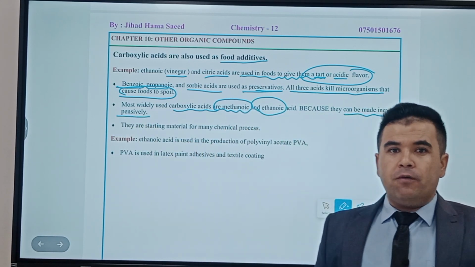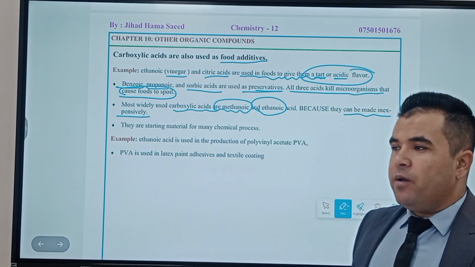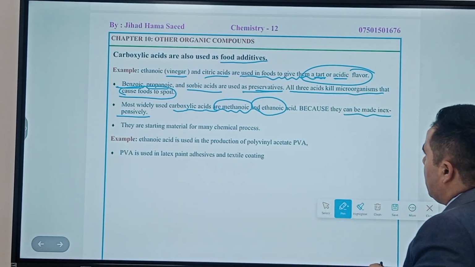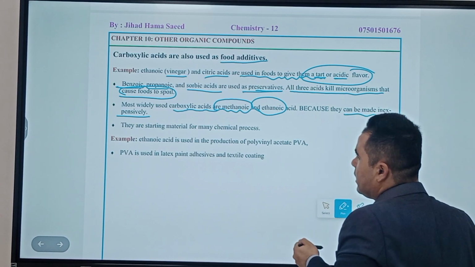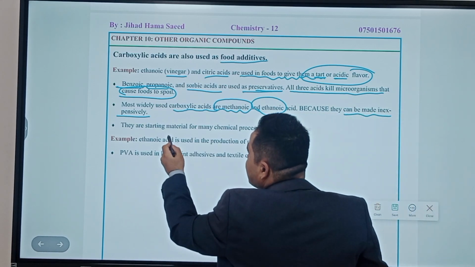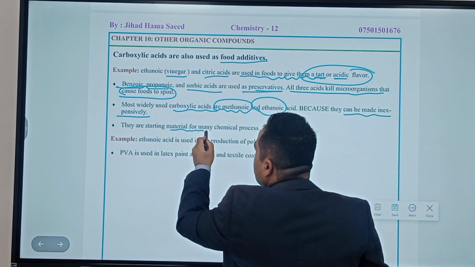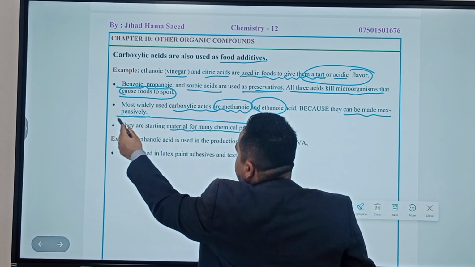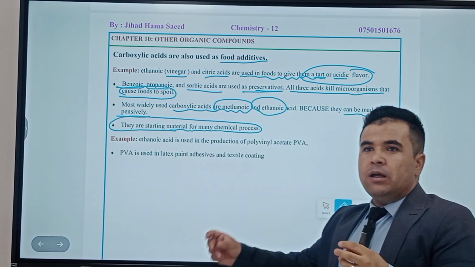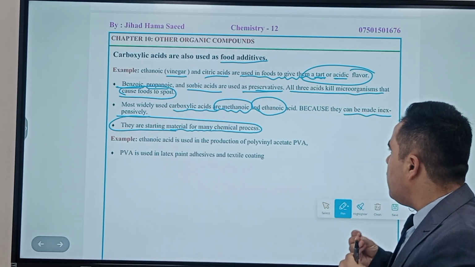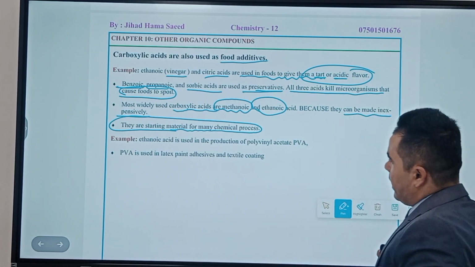That's why they have the most applications. They are starting materials, raw materials, for many chemical processes.